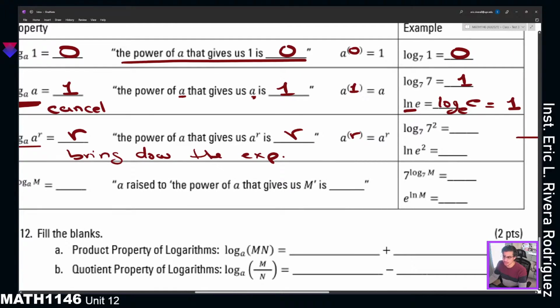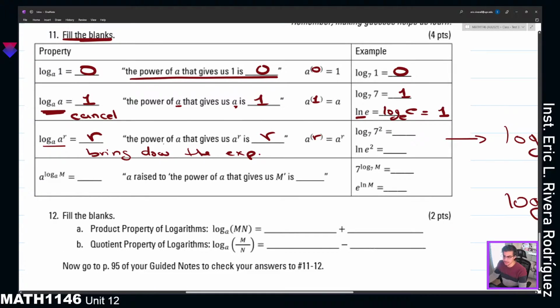And again, the phrase in the middle is the answer for the question, what is the power of a that gives a raised to the power of r? So here, very straightforward. We have the same base for the logarithmic function and the same base for the exponential argument. So we just take the exponent and we put it on the right side. Okay.